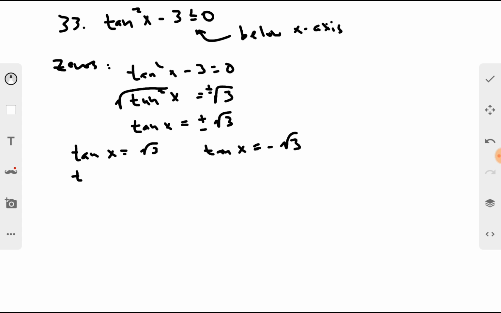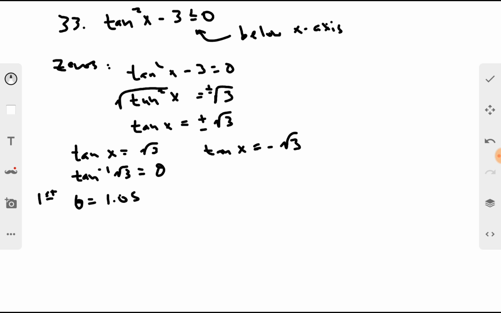So you would put this in as tangent inverse square root of 3, and that would give you your theta value. So when you plug that into the calculator and you're in radians, you should get theta is equal to 1.05. Okay, so that's our first quadrant value.